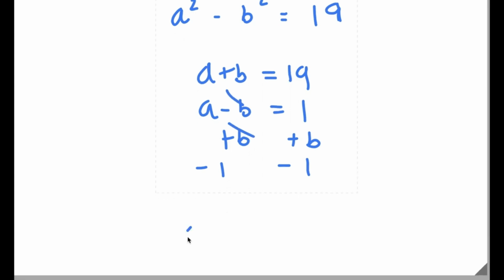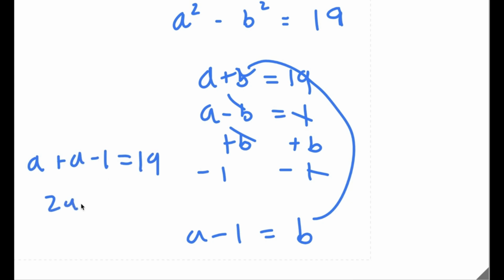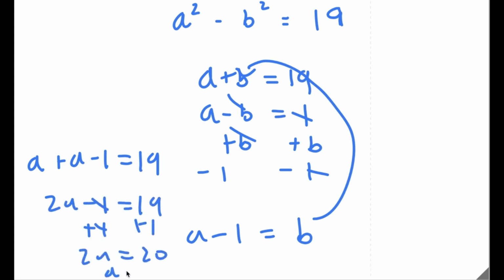So then I'm going to be left with a minus 1 is equal to b. So now I can go ahead and plug this into my original equation. So now I have a plus a minus 1 is equal to 19. A plus a is 2a, so I have 2a minus 1 is equal to 19. If I add 1 on both sides, I get 2a is equal to 20, meaning a is 10.